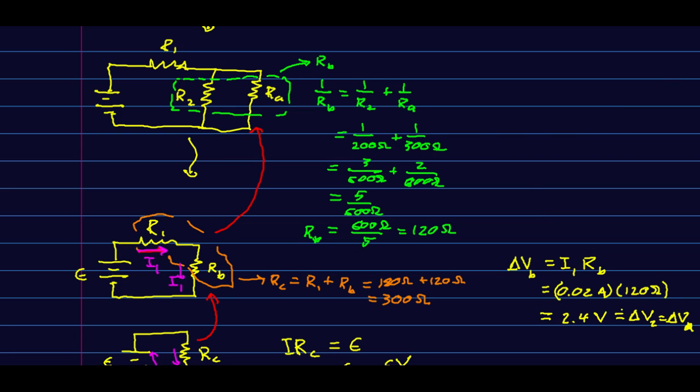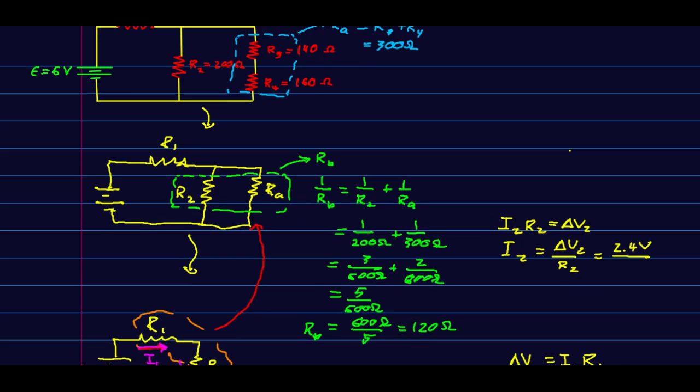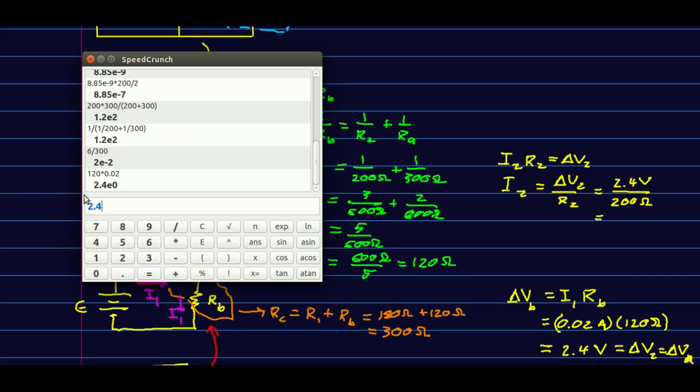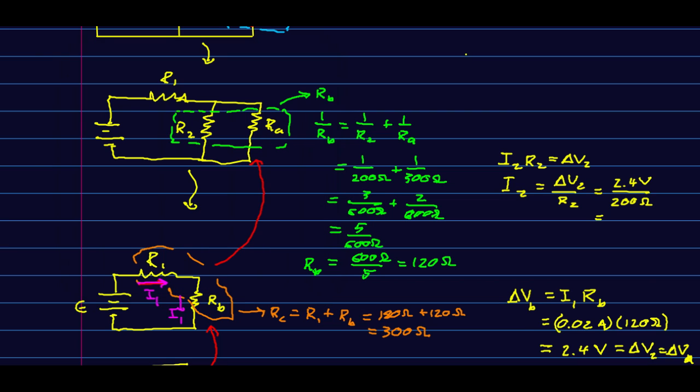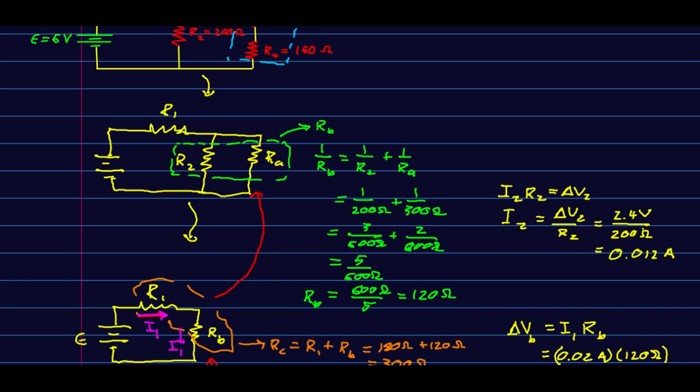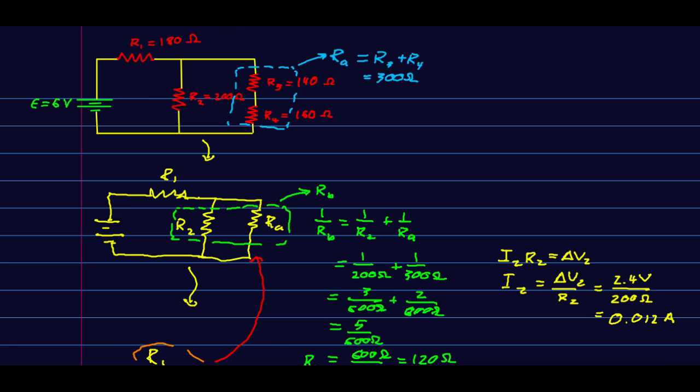So that's going to let us find I2, because now I2 R2 is delta V2, and so I2 is just delta V2 over R2, which is 2.4 volts over R2, which is 200 ohms. And so that's 0.012 amps. And finally, we know that that 0.02 amps is going to work through this junction here, so we can find IA.